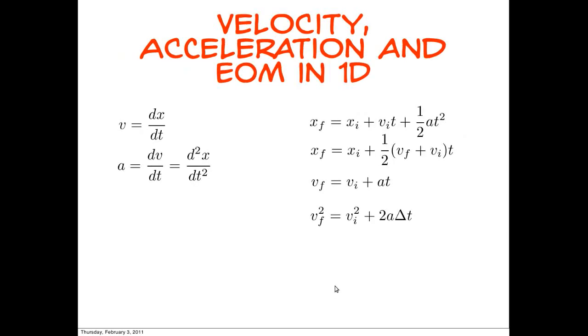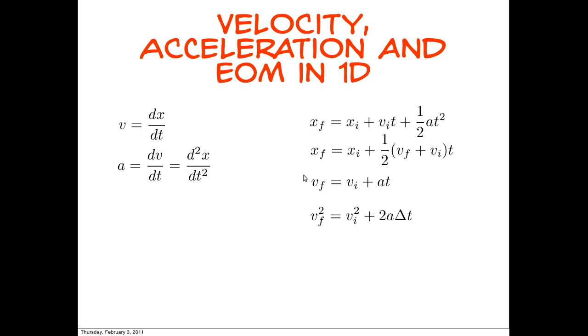Up to this point, we have been talking about motion in one dimension. And we had defined velocity as the change in position over the change in time, or the displacement over time, dx/dt. And acceleration was the change in velocity over time, or the second derivative of the position with respect to time.